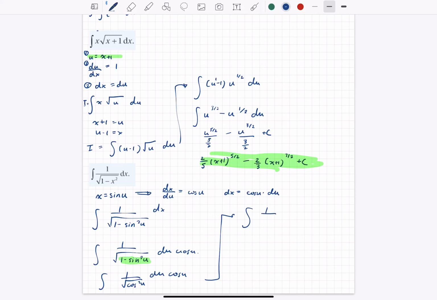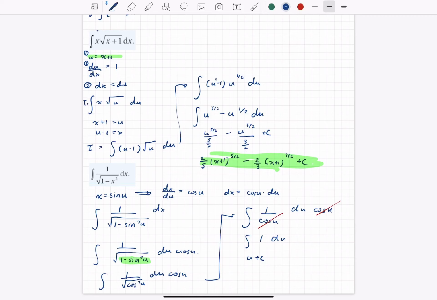So we have 1 over cos u times cos u du. Now, would you look at that? The cos's very conveniently cancel out. So we have the integral of 1 du. If we take the integral of 1, then that just becomes u, because we're integrating with respect to u. So this just becomes u plus c.